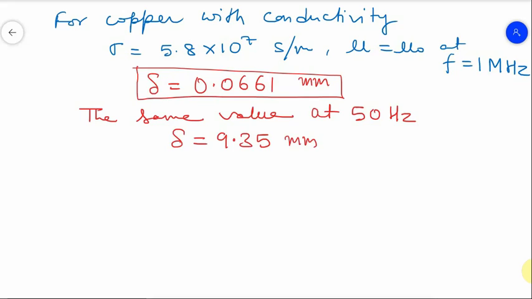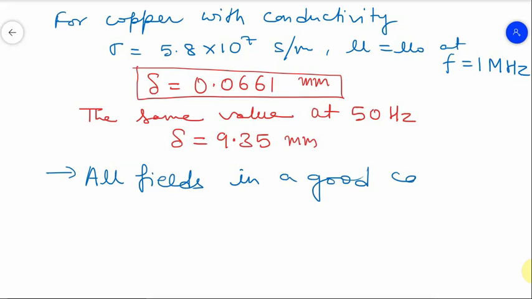This is the fact we should keep in mind, that all fields, whether you talk of electric or magnetic, in a good conductor such as copper, and copper is certainly considered a good conductor, are essentially zero.